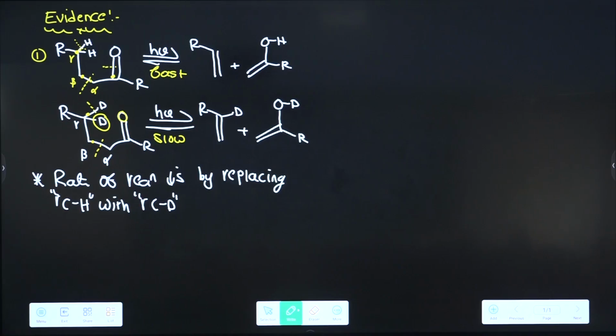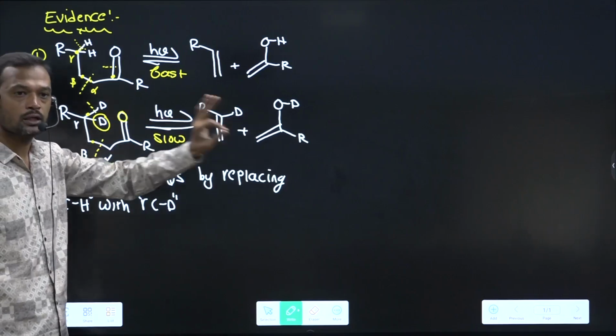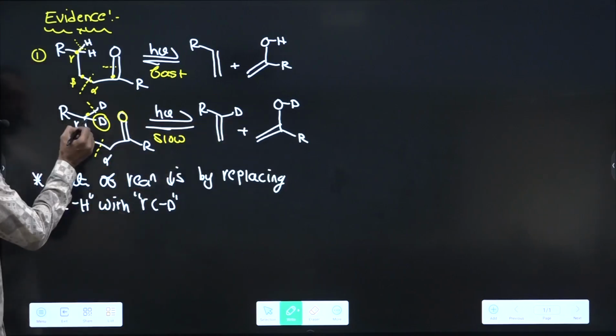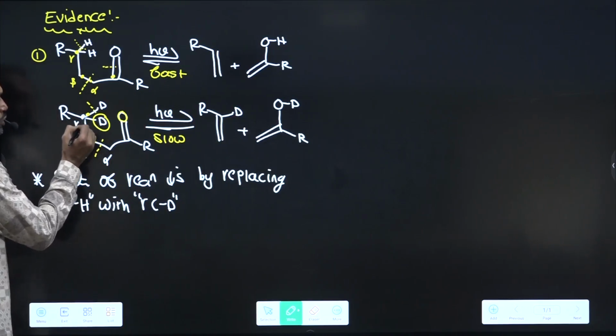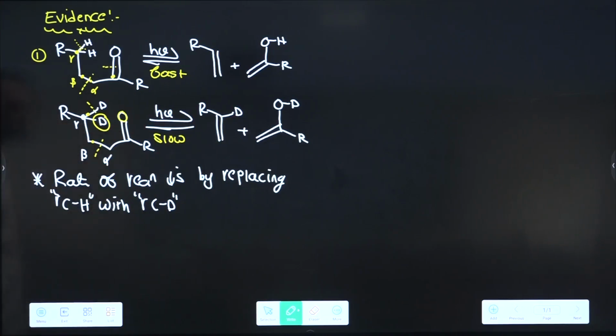That is your first evidence for Norrish 2. The rate of reaction decreases by replacing the lighter isotope with the heavier isotope. With a heavier isotope, the reaction rate is very slow, which indicates that definitely the gamma carbon hydrogen is migrating from the gamma position to oxygen. That is one evidence.